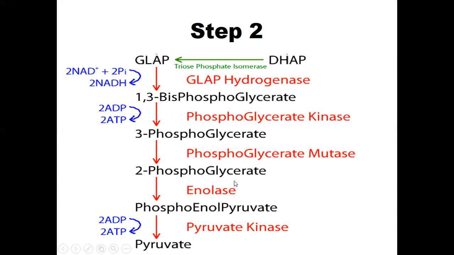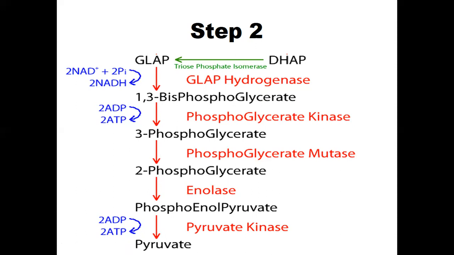In the presence of another enzyme known as phosphoglycerate mutase, the 3-phosphoglycerate is converted into 2-phosphoglycerate. The 2-phosphoglycerate then loses a molecule of water. That is, dehydration occurs in the 2-phosphoglycerate to give us phosphoenolpyruvate. The phosphoenolpyruvate is dephosphorylated.